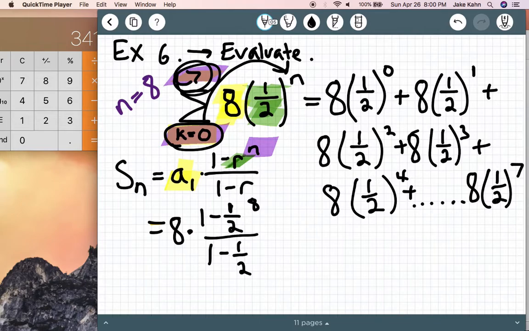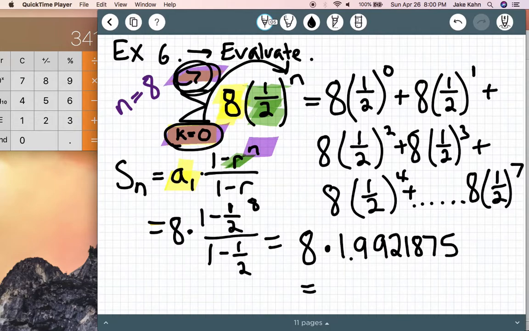Plug this into your calculator, find what the summation is. 1 minus 1/2 to the 8th divided by 0.5, or 1 minus 1/2, times 8 is going to come out to 15.9375.